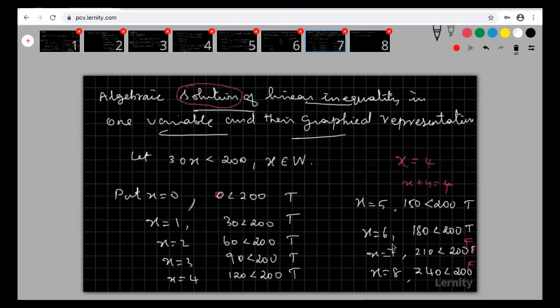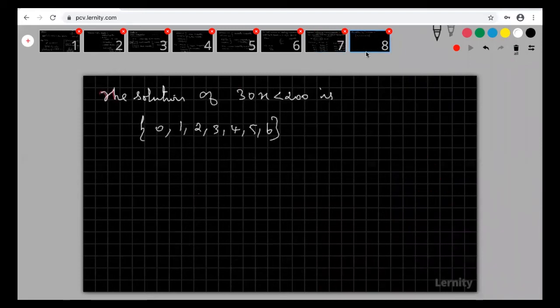But when I apply x is equal to 7, my inequality is not true, it is false. x is equal to 8, it is false. x is equal to 9, it is false. So these are not solutions of this inequality. Only these values are called my solution of this inequality. The solution means those values make the inequality true.